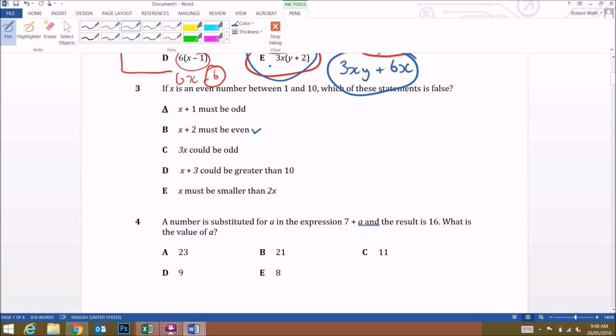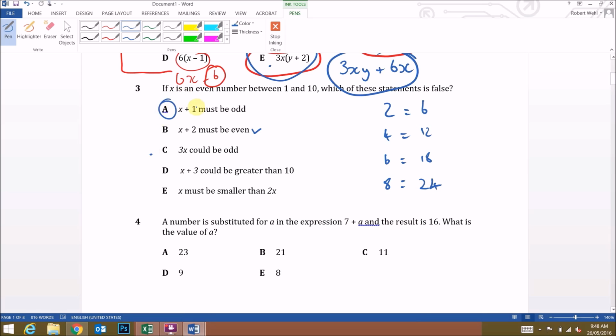If x is an even number and we add 2, the number will remain even. 3 times x could be odd. 3 times an even number, well, let's say 3 times 2 equals 6, 3 times 4 equals 12, 3 times 6 equals 18, 3 times 8 equals 24. So I don't know if that one's going to be correct, but we will come back to that.